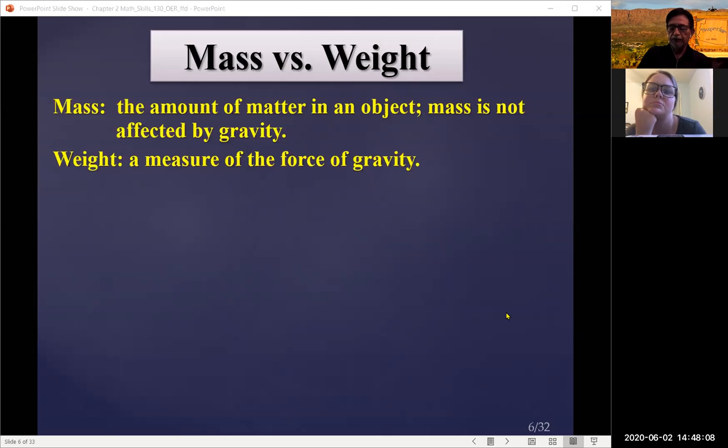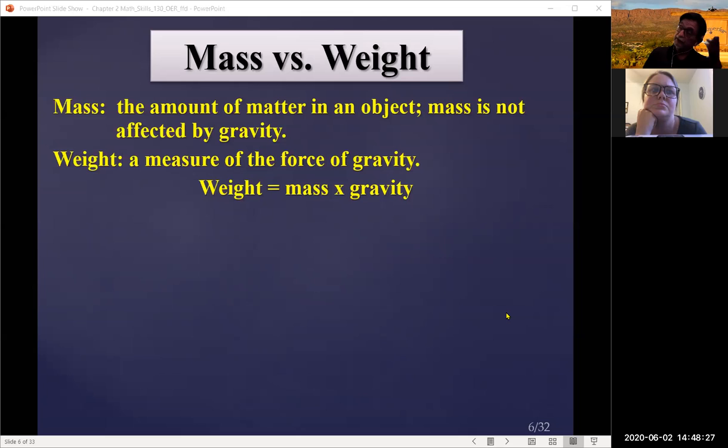But here on Earth, because we're not out in space, we tend to interchange mass and weight with respect to units. Weight is a measure of the force of gravity, and mass is a measure of the amount of matter in an object. The relationship is this: weight is equal to mass times gravity.